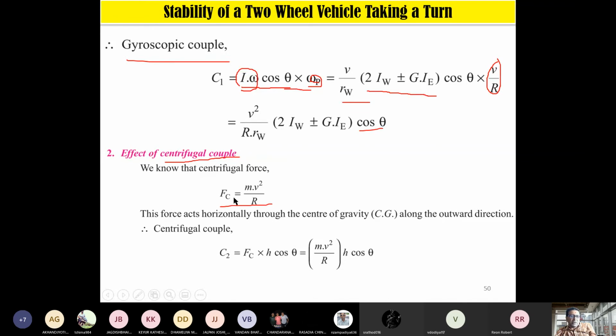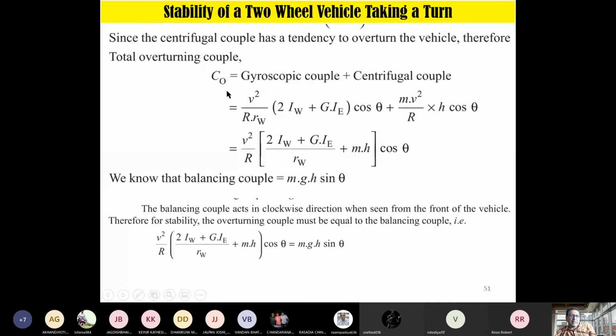Now we already have the value of Fc. Let us replace it: mv square by r into h cos theta. Since the centrifugal force has a tendency to overturn the vehicle, the total overturning couple will be the gyroscopic couple plus the centrifugal couple. The gyroscopic couple we have already found, the centrifugal couple we have also already found, and this is the final expression.